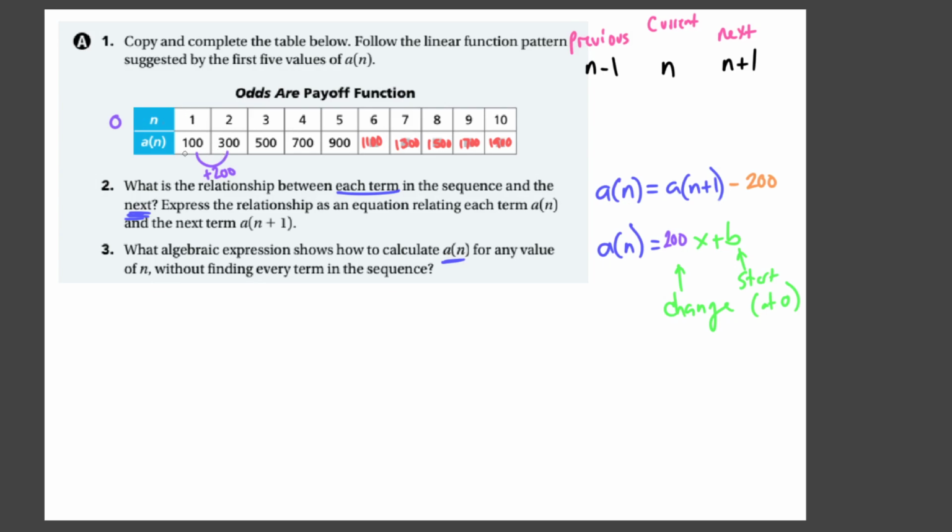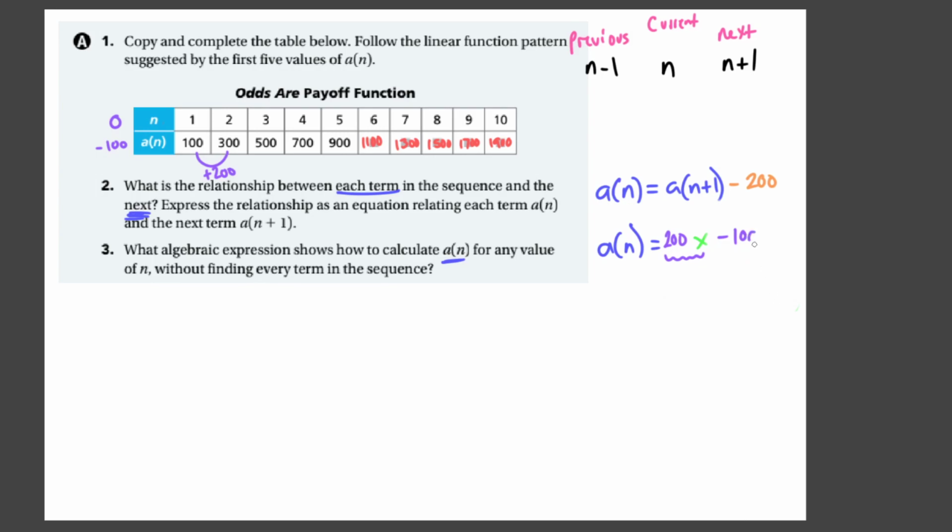I know the pattern is adding 200 every time, so if I go backwards, I have to subtract 200. Which means my starting point is going to be negative 100. So now I have my change, and I have where I'm starting, negative 100.